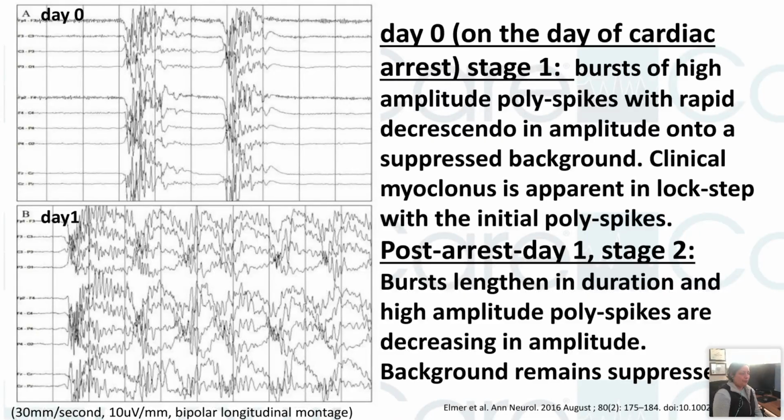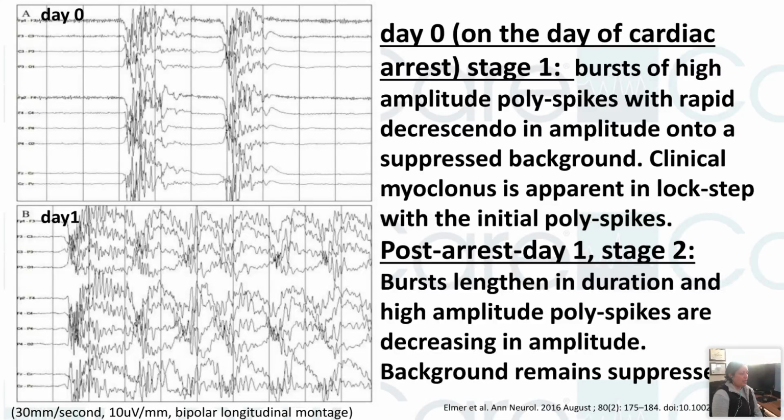Here is evolution of EEG in a patient taken from this article here. On the day of cardiac arrest, the patient is having high amplitude polyspikes. There is decrease in the amplitude. If you see there, the term is used decrescendo in amplitude on a suppressed background. And these are time locked.